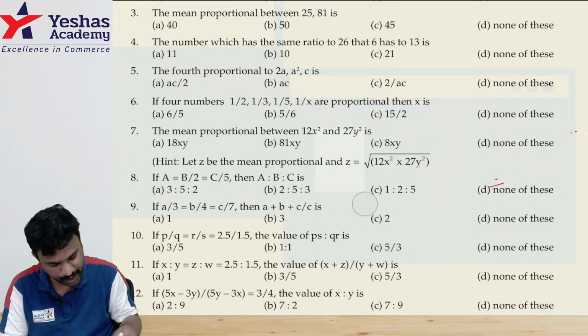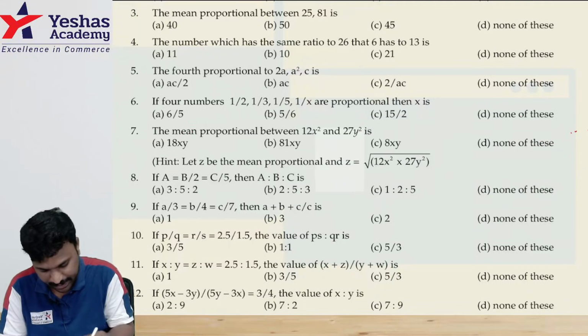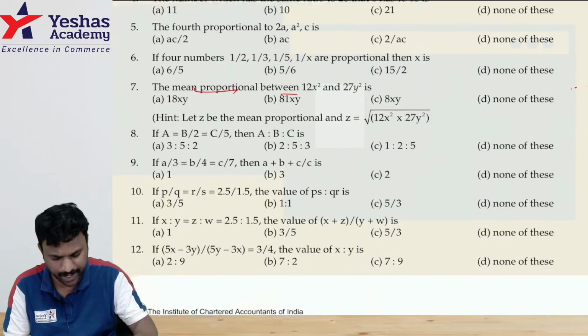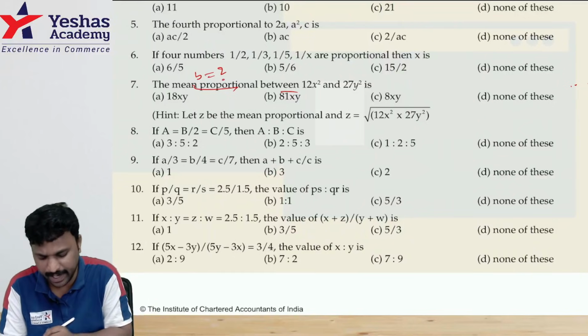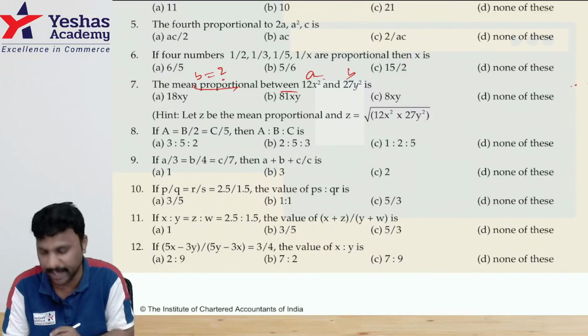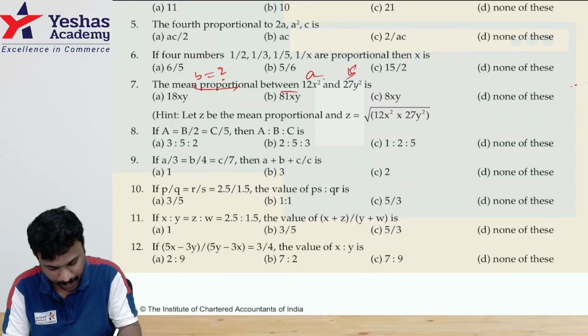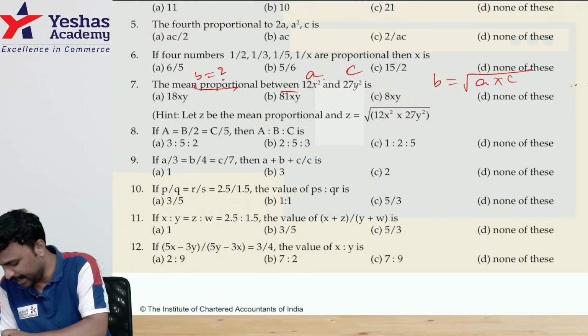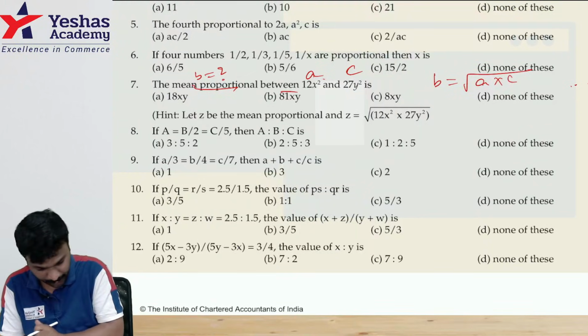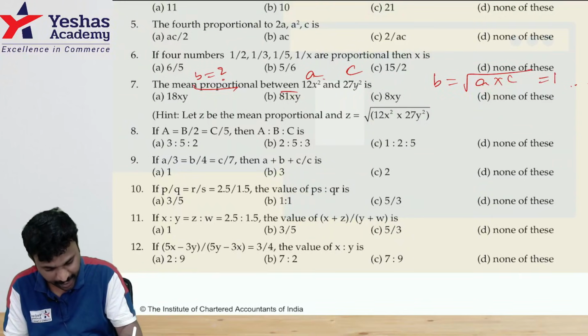Guys, moving on to the next question, question number 7, that is the mean proportional between 12x square and 27y square. Guys, mean proportional means B is what they are asking, and the two given values are A and C, sorry. So what is mean proportional? B is root of A into C. Guys, 12 into 27 gives you 324 and the root of it gives you 18.